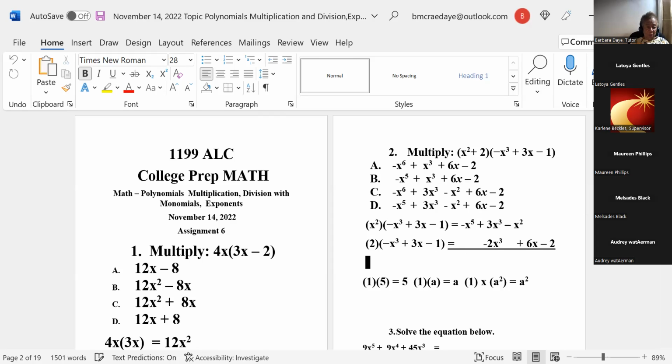Now, if you want to really keep track of it, you could put zeros there, like I could have put a 0x to the fifth, and then even the x to the second. But I'll just leave them blank. It's up to you. You can put zeros there if you find you need it to keep track of them, okay? So you got minus x to the fifth.